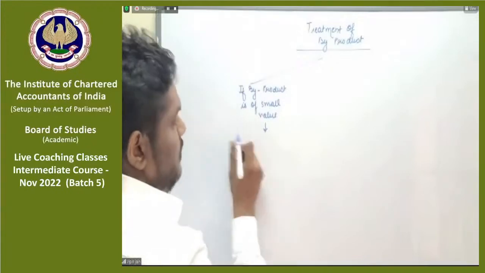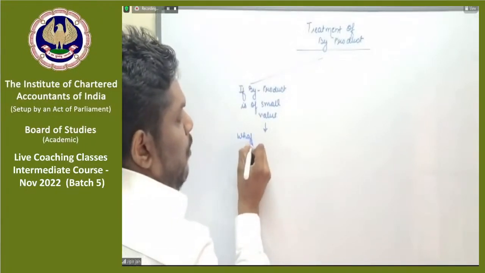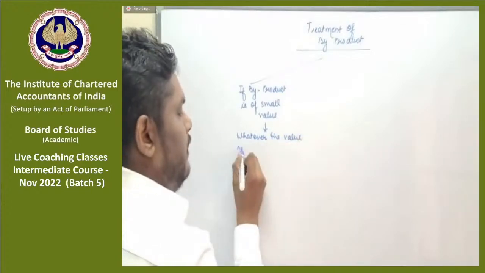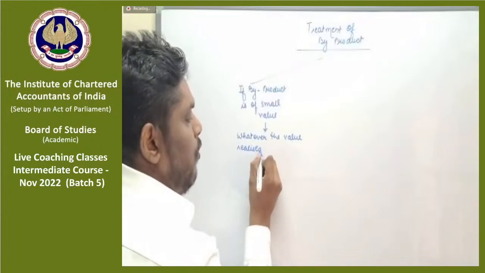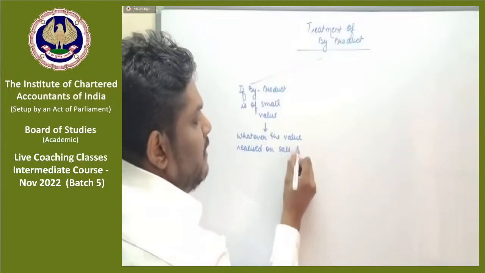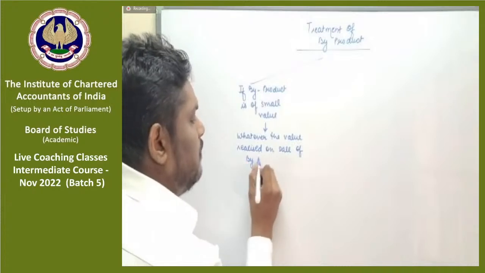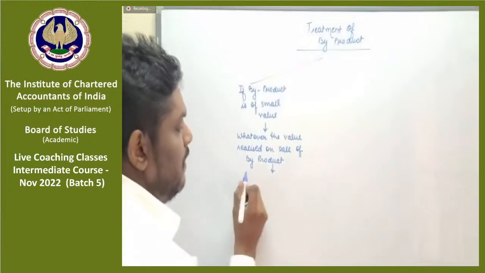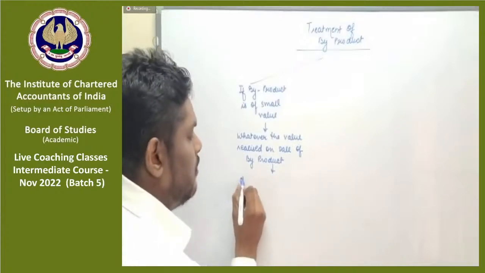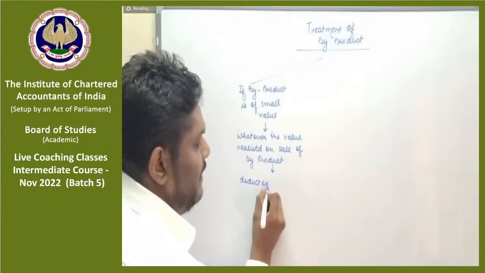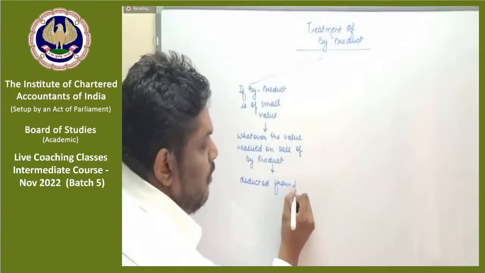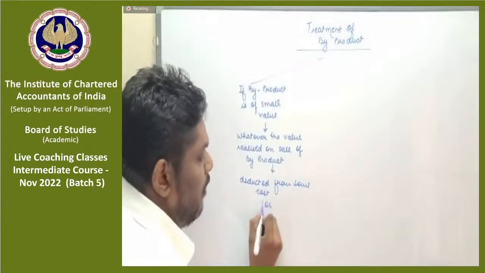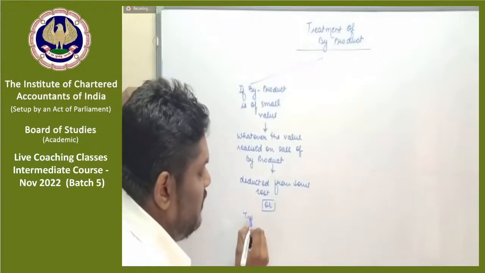So whatever value is realized on sale of byproduct will be either deducted from the joint cost or transferred to costing P&L.